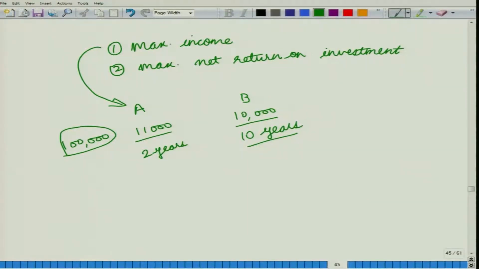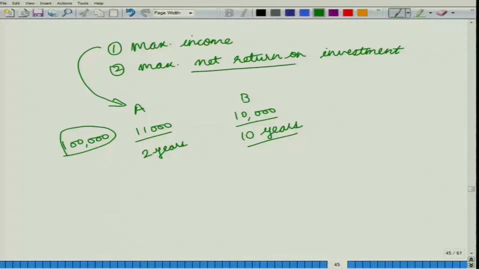So, if we wanted to maximize our income, we would be choosing plan A, whereas if we looked at maximum net return on investment, in the case of plan A, you are getting a total return of 11,000 multiplied by 2 years multiplied by 12 months.